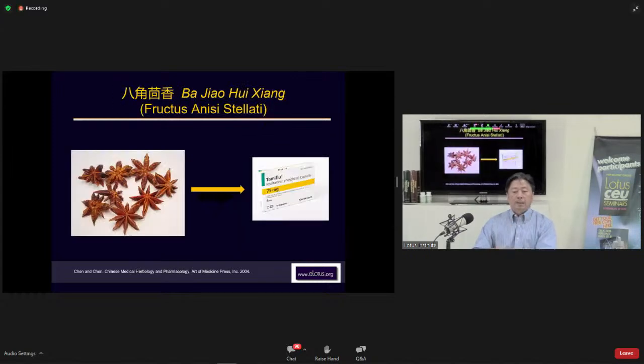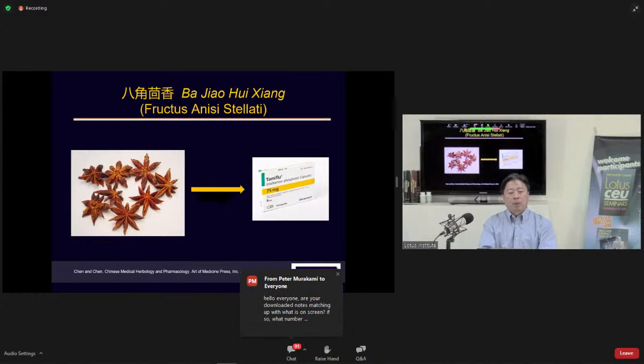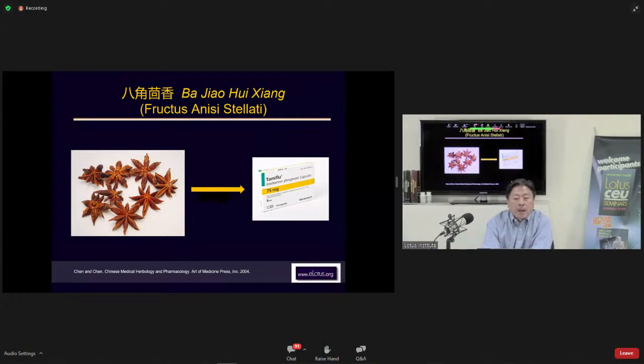All right, this next one is very interesting. Tamiflu is obviously one of the older drugs, one of the original drugs that was used to treat SARS. And it's actually a derivative from a Chinese herb called 八角茴香, which is commonly known as star anise. All right. And this is interesting because star anise is originally used in TCM as an herb that warms the middle jiao. Okay, so for patients with spleen and stomach cold that had poor digestive function.